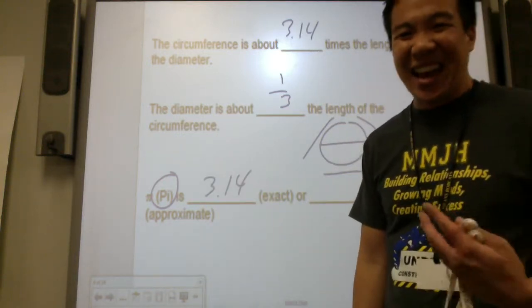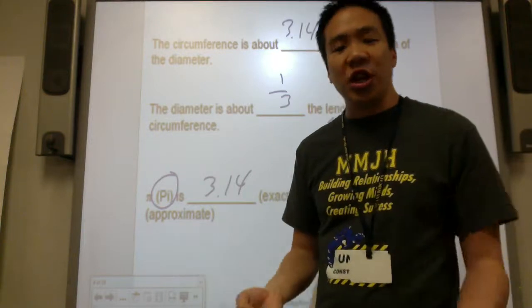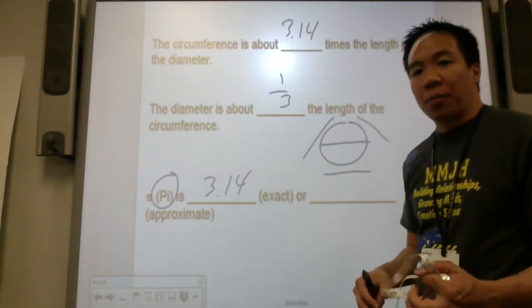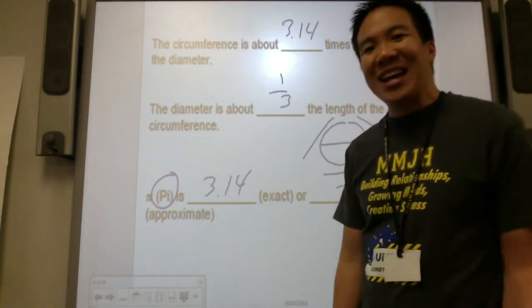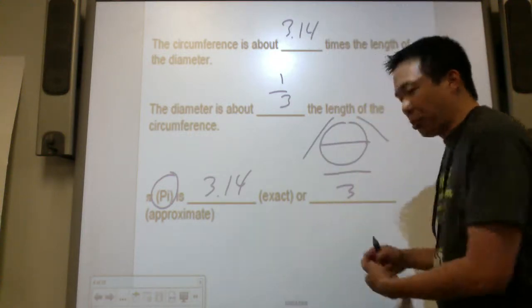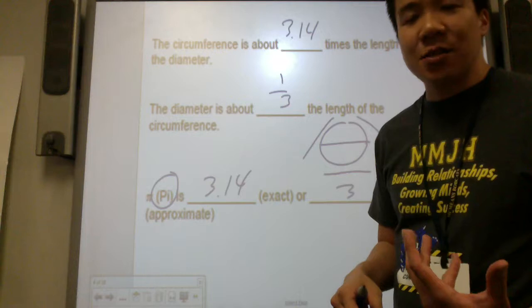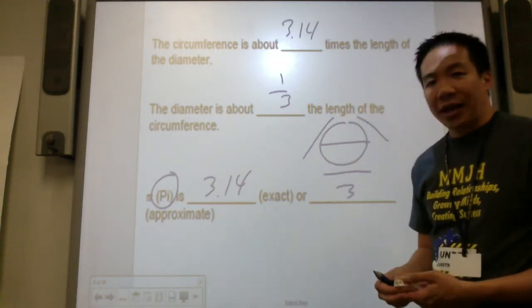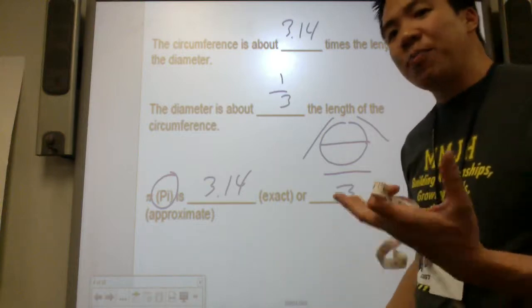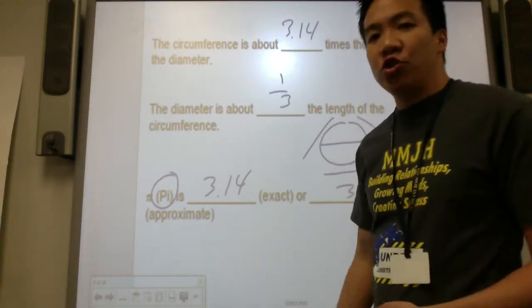Well, it's not really exact, but this is a very, very good number to use. Or 3. Sometimes we're going to be estimating, and I would like you to use 3 because we want to do a quick estimate of the circumference, or distance around a circular item. But sometimes I want a more precise answer, so we'll use 3.14.